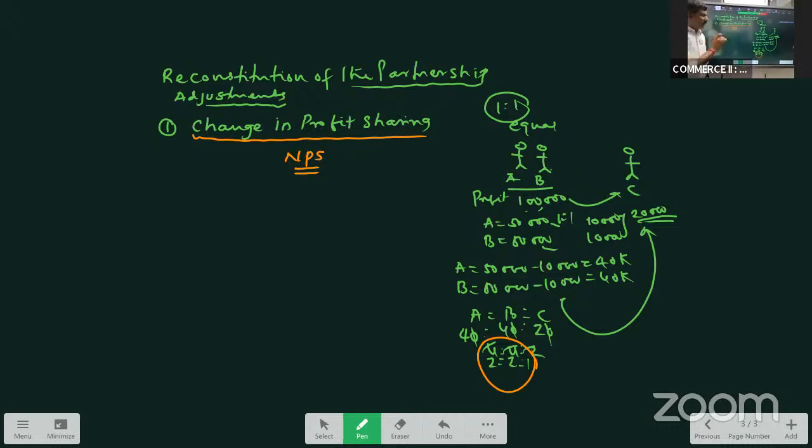So we'll do one thing. We'll take one small example and do it. Okay. So I'm taking one example and we are going to calculate what would be the new profit sharing ratio. Let us say there are 2 partners, A and B, sharing profits and losses in the ratio 3:2.